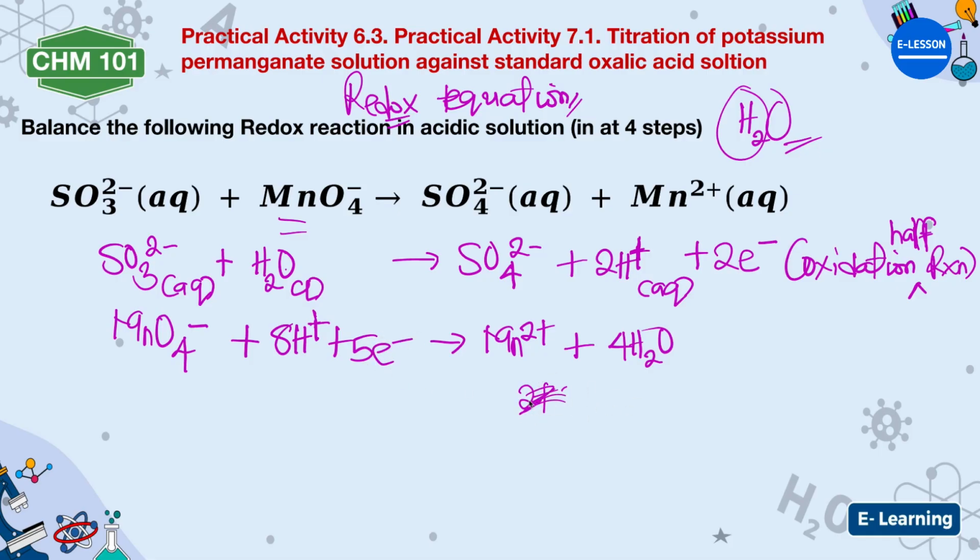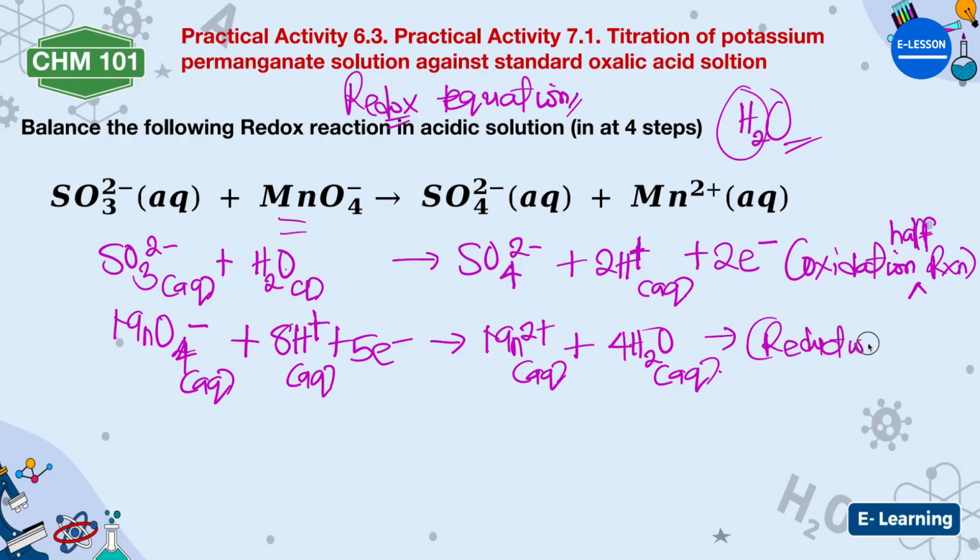Now, because the electrons were added at the reactant side, we could say that the reaction is a reduction reaction. So this is the reduction half reaction.